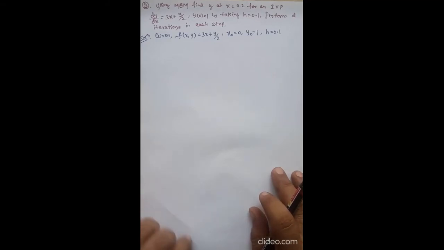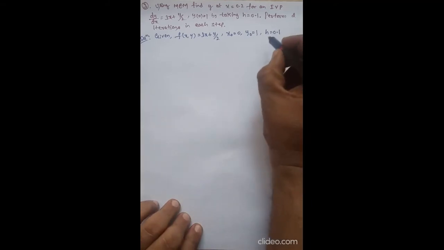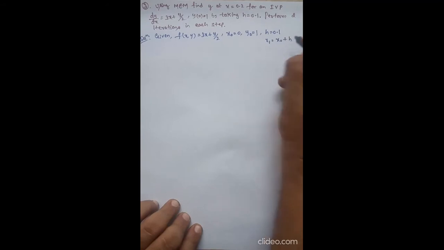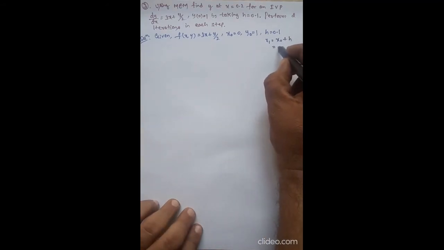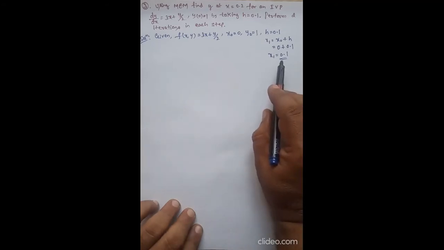You know in the modified Euler's method, the first step is calculation of x1. So we know x1 is x naught plus h, where x naught is 0 and h is 0.1. Therefore x1 becomes 0.1. So for this problem, the value of x1 is 0.1.